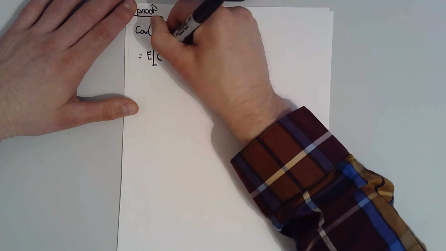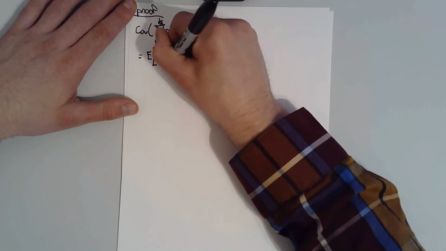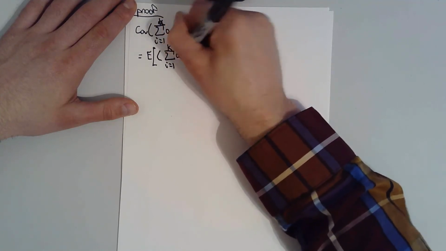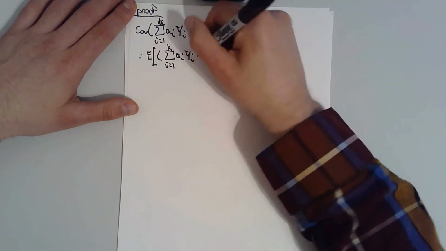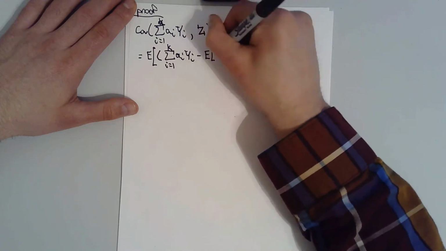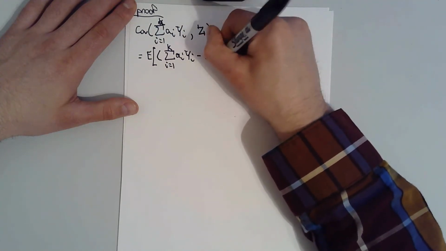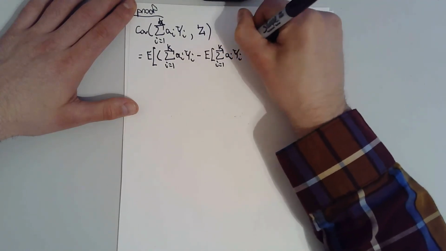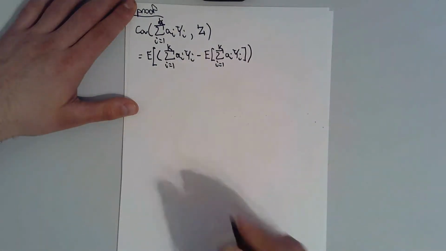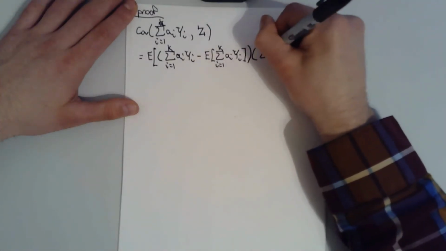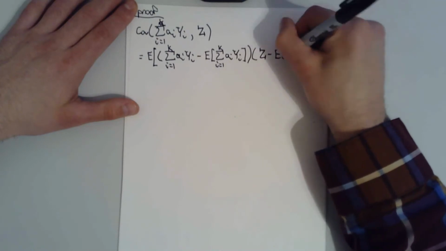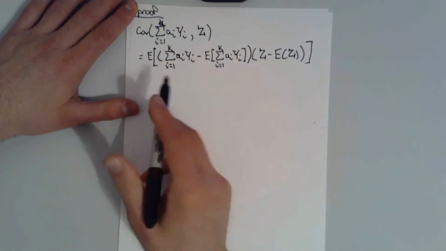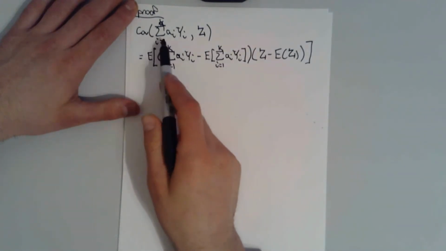So it's the sum like so, multiplied by this. This is just the definition of the covariance of these two random variables.